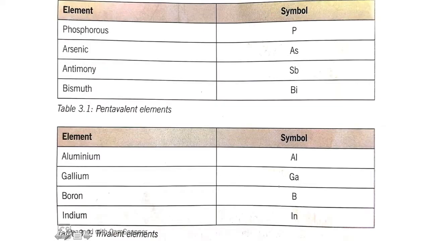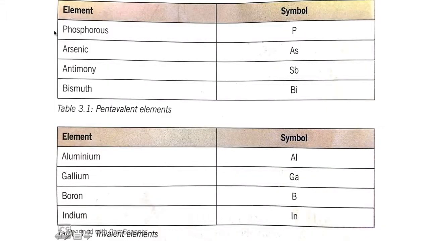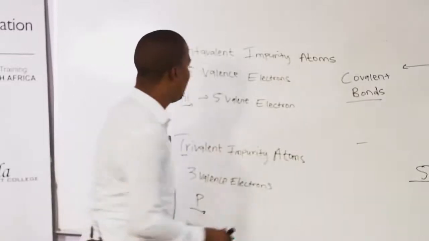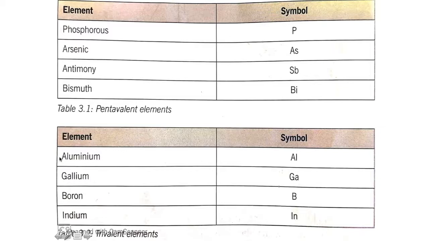Under pentavalent elements, we have phosphorus, the one that we used here, arsenic, antimony, and bismuth. Under trivalent elements, we have aluminium, the one we made an example of here, and we also have gallium, boron, and indium.